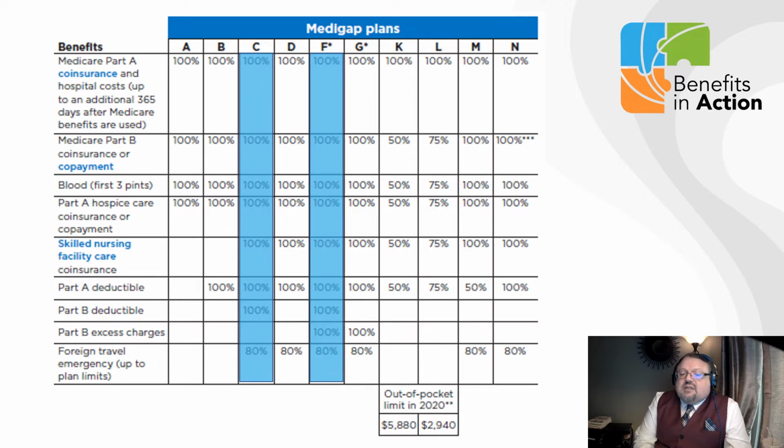So plans going forward will no longer cover that very first dollar of cost associated with Medicare. So first dollar coverage is no longer available. All plans will at least have that $203 deductible for Part B to come out of the beneficiary's pocket.